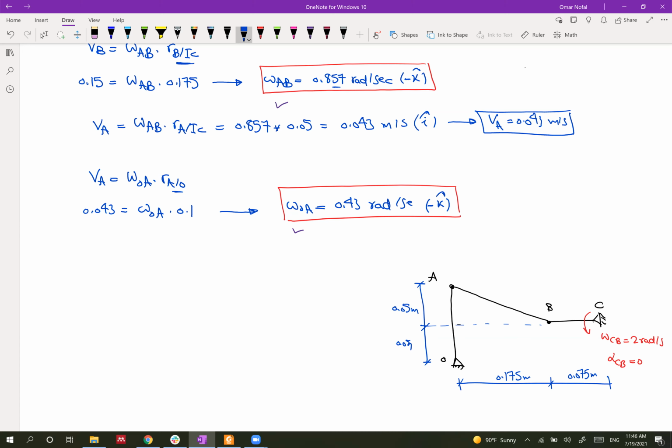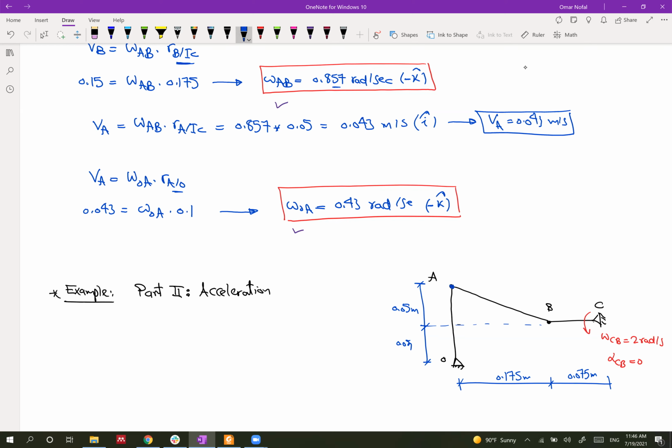So for the acceleration, we need to construct the equation. So if we want to solve for the acceleration at point A, for example, part 2, acceleration.